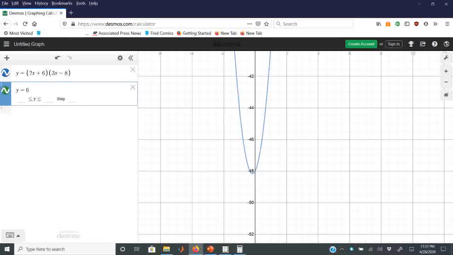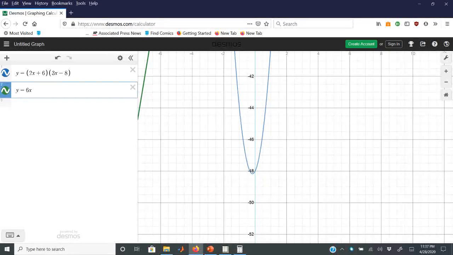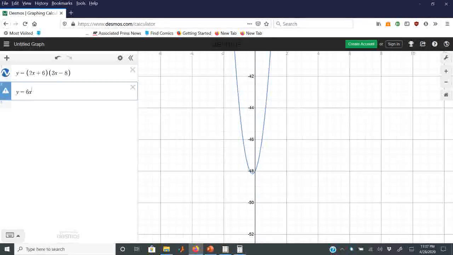So I do 6 and then x, and shift 6 is usually the little caret that makes it do the exponent. And I put an exponent of 2. Plus 18x minus 16x is plus 2x. And then minus 6 times 8, which is minus 48.